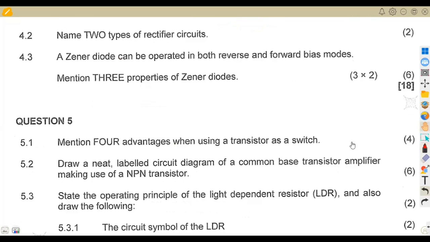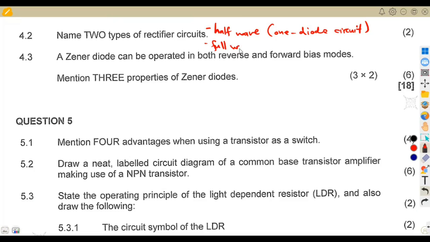Name 2 types of rectifier circuits. On this one, we are asked to name 2 types of rectifier circuits. So remember, on our rectifier circuits, we've got a half wave, which is the one that uses one diode. That's a one diode circuit. Then we have got a full wave.